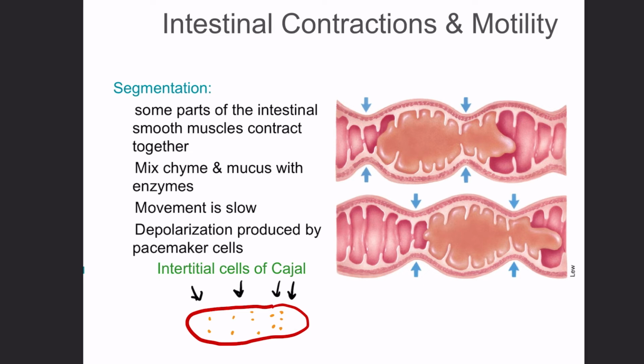This is kind of what the action and the purpose of segmentation is. The goal here is to mix the chyme and the mucus with the digestive enzymes within the small intestine. Because remember, things are not completely digested yet. There's still digestion occurring.